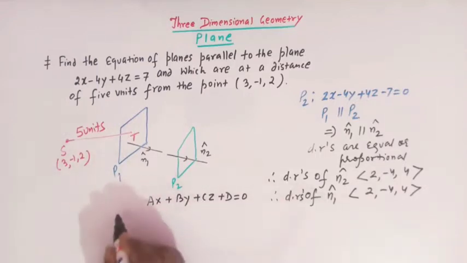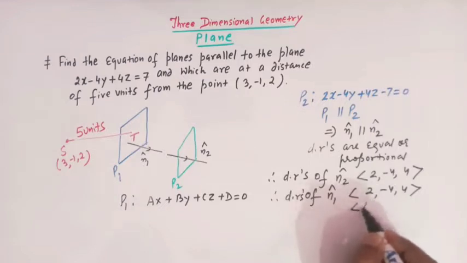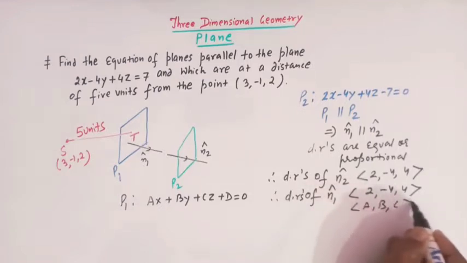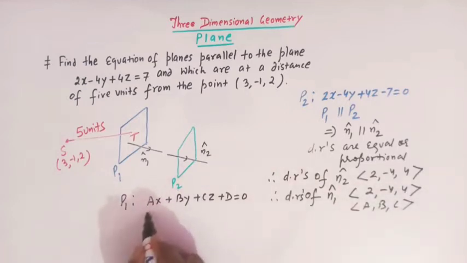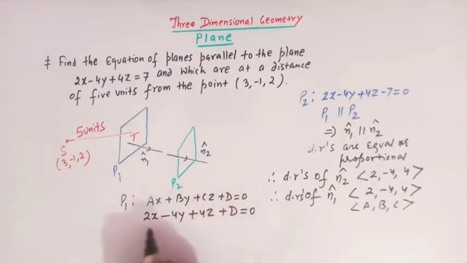Here we are to write the equation of this plane P1, and a, b, c can be taken as 2, -4 and 4. So we can write 2x minus 4y plus 4z plus d is equal to 0.